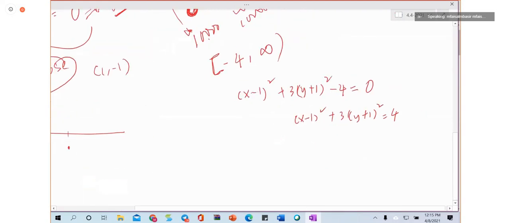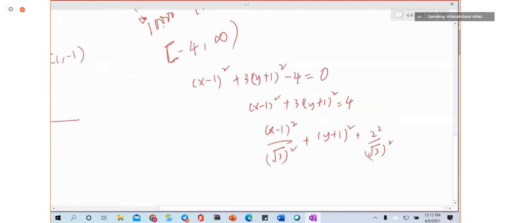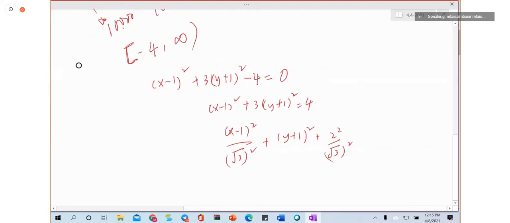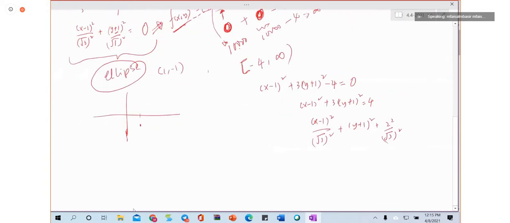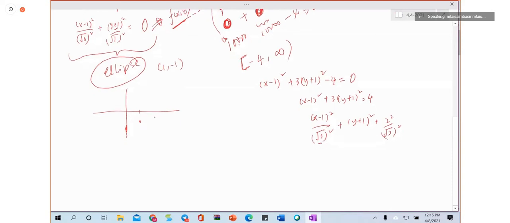Again, if you divide by 3, you get x minus 1 squared over square root 3 squared plus y plus 1 squared over 2 squared. So this will be again the same point, right? Just the same point, but the value for x is a reference of square root 3, which means 1 point something is here.